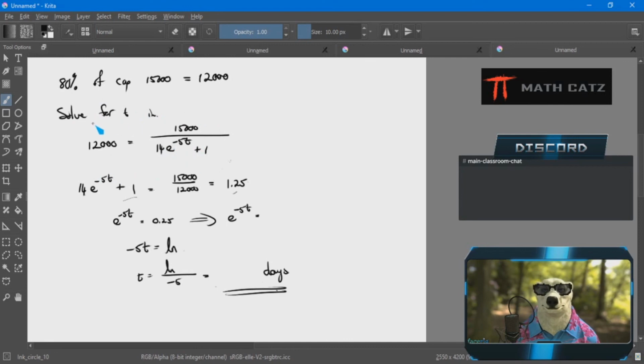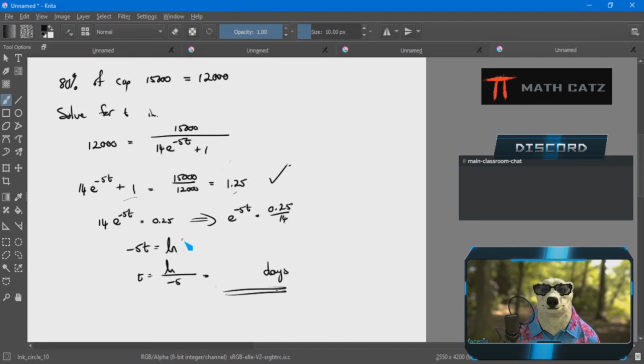Move the denominator to the top of the other side. 12,000 comes to the bottom. 15 divided by 12 is 1.25. And so we subtract 1 on both sides for 14 e to the negative 5t equal to 0.25. And so e to the 5t is then 0.25 divided by 14.